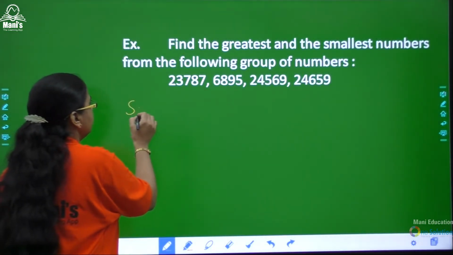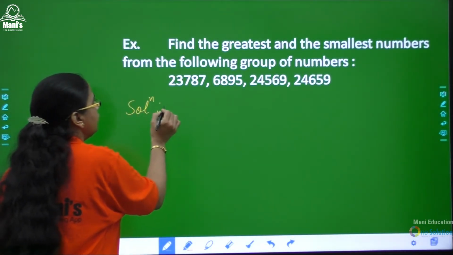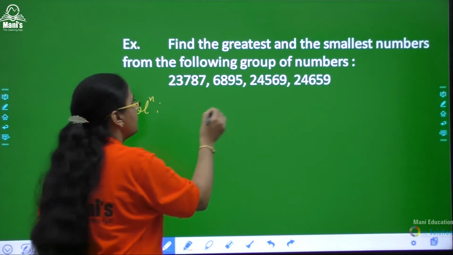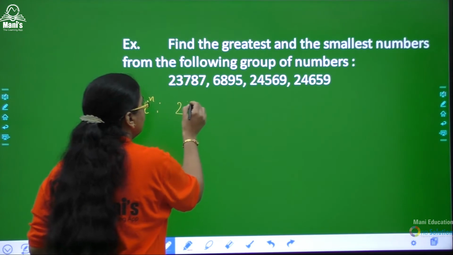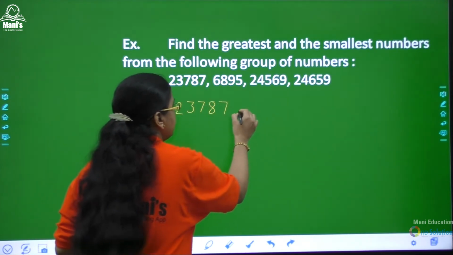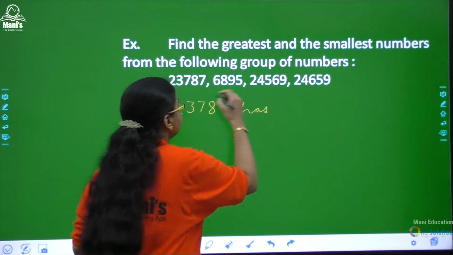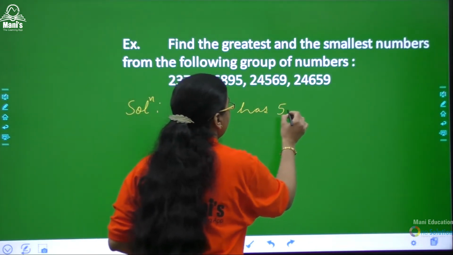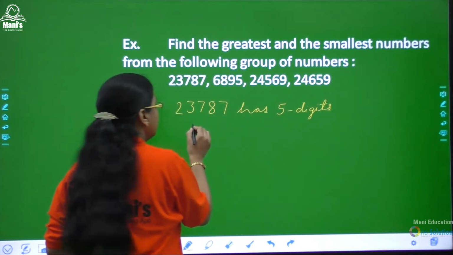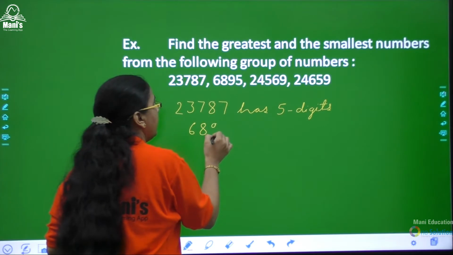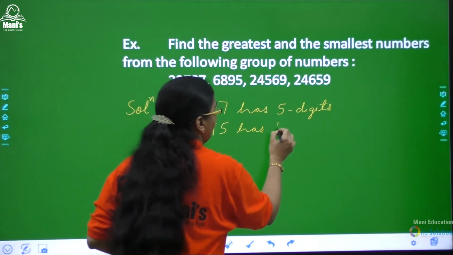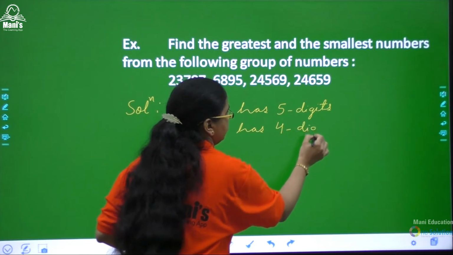For the solution, first of all, we count the number of digits. As you can observe, 2, 3, 7, 8, 7 has how many digits? It contains 5 digits. Similarly, 6, 8, 9, 5. How many digits does it contain? It has 4 digits.